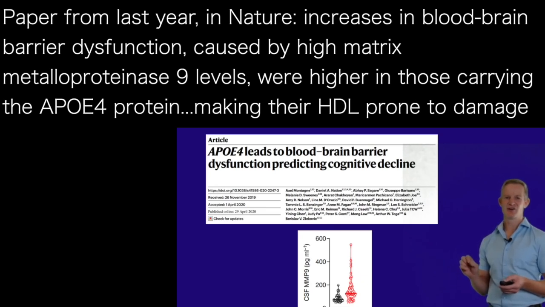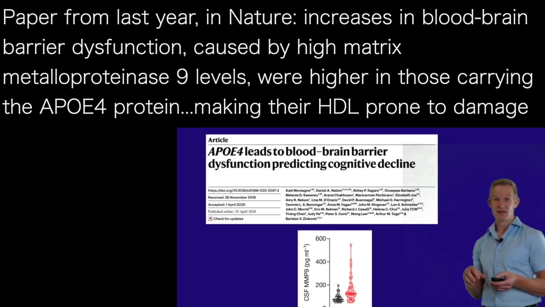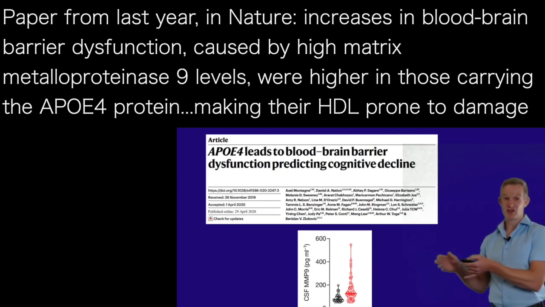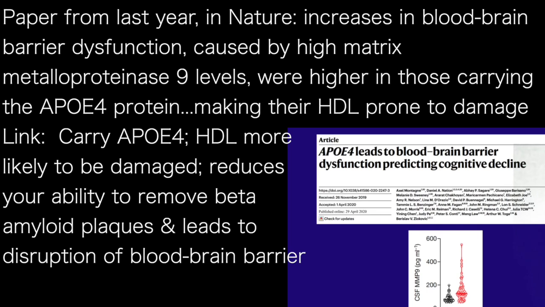It clearly showed increases in blood-brain barrier dysfunction, which were caused by matrix metalloproteinase 9 levels, were higher in those carrying the APOE4 protein, making their HDL particles prone to damage. So the link is, carry APOE4, your HDL is more likely to be damaged. That reduces your ability to remove the beta amyloid plaques and leads to disruption of your blood-brain barrier.